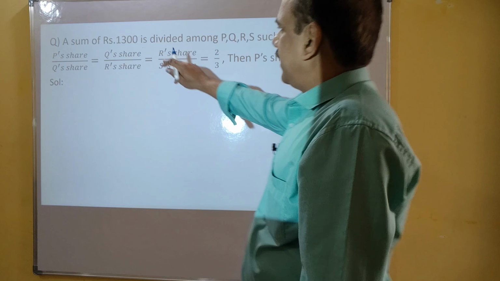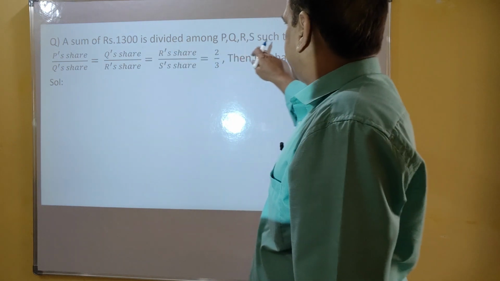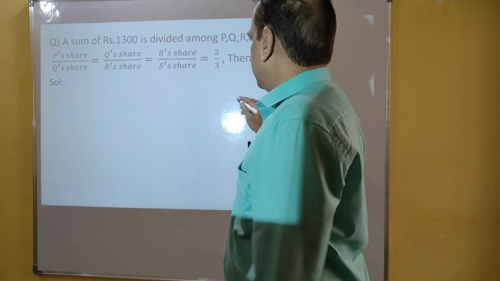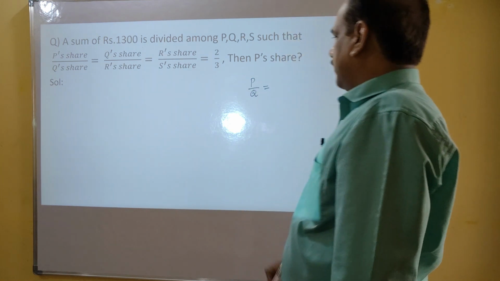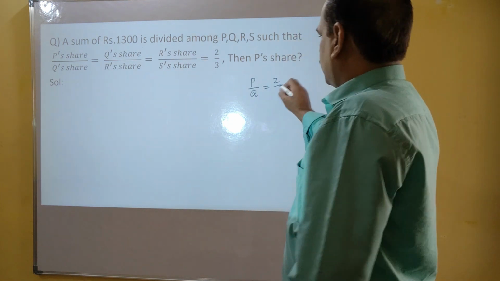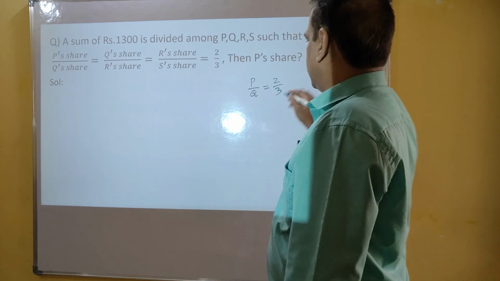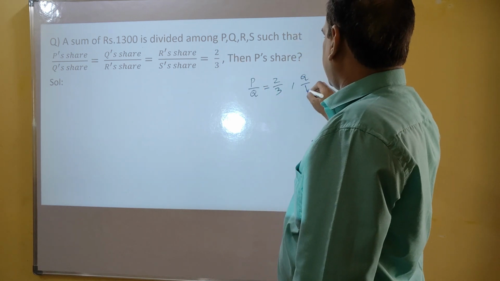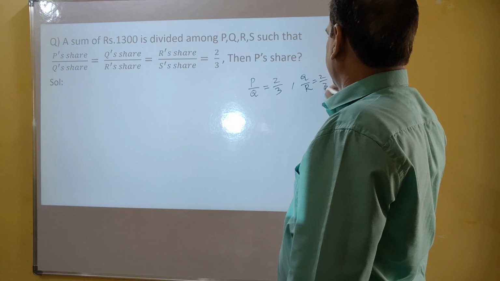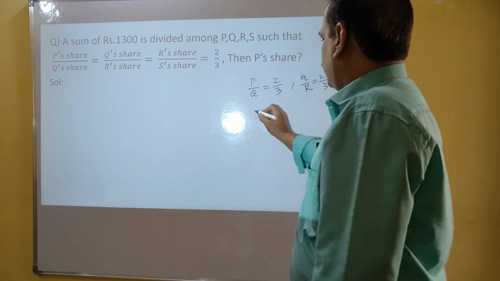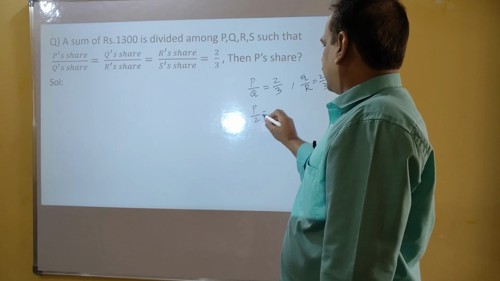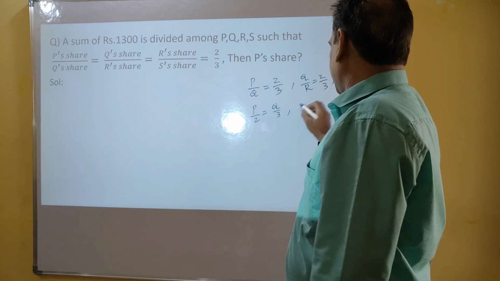A sum of 1300 rupees is divided among P, Q, R, S such that P's share by Q's share is 2 by 3. Q by R is also 2 by 3. R by S is also 2 by 3. So from this we can write P by 2 equals Q by 3.